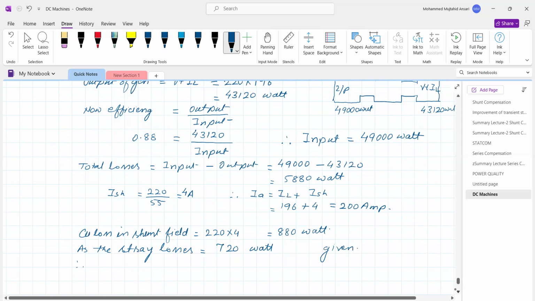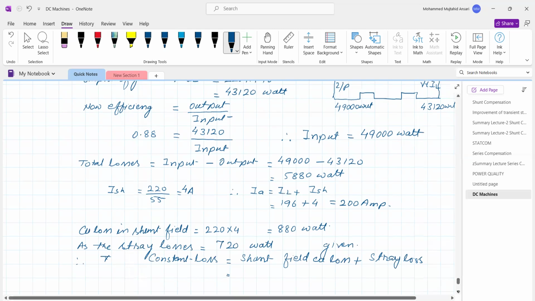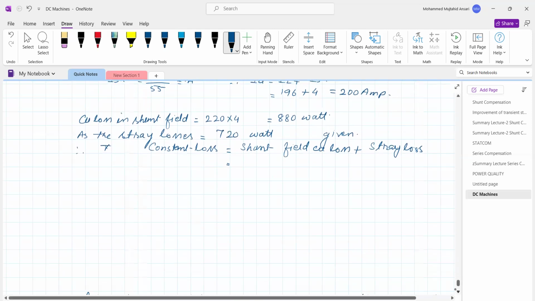Therefore, constant loss is equal to shunt field CU loss plus stray loss, which equals, what is the shunt field copper loss?